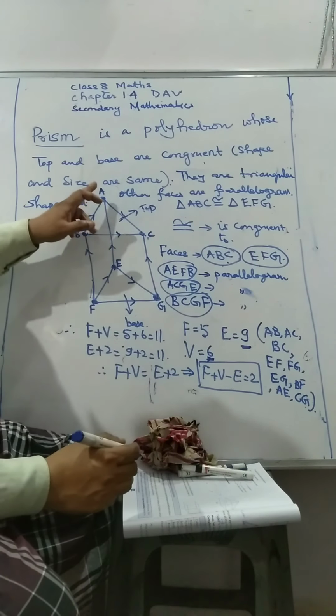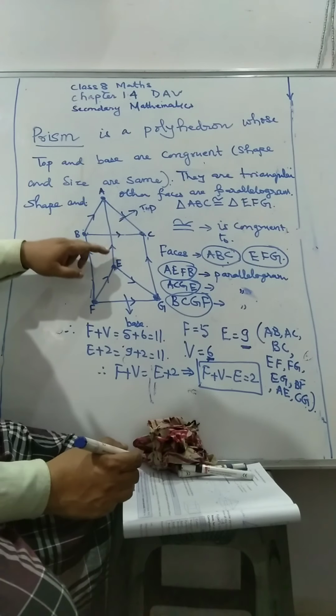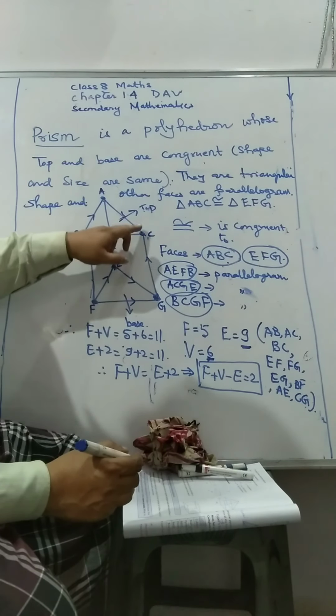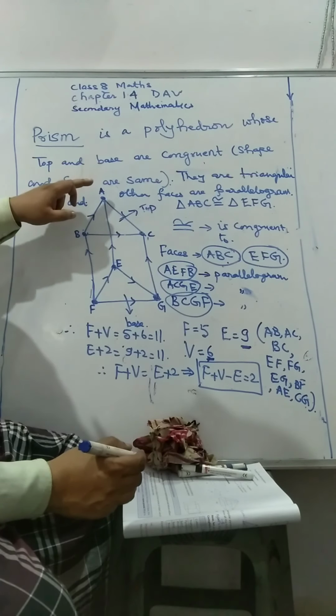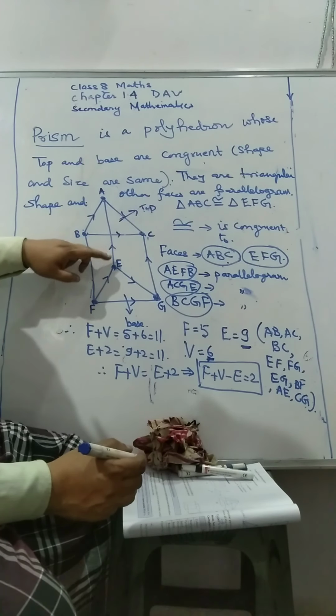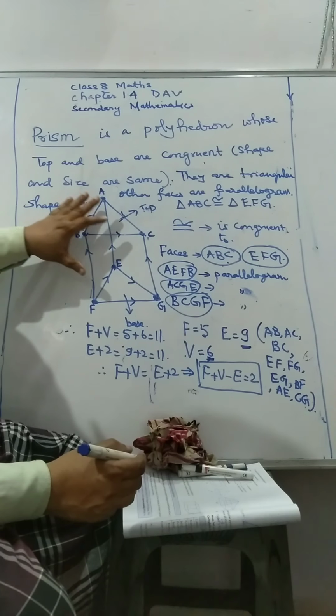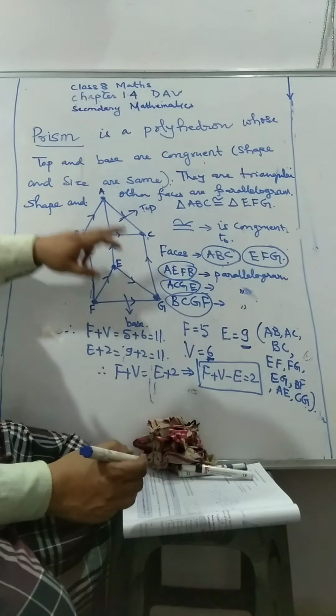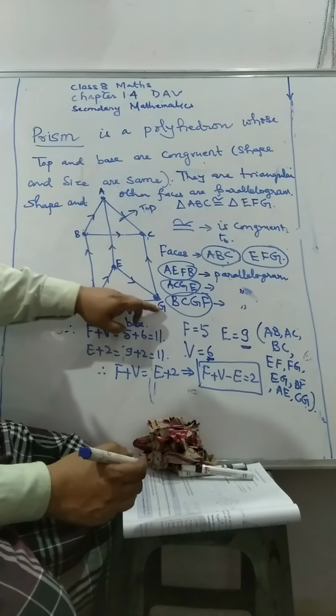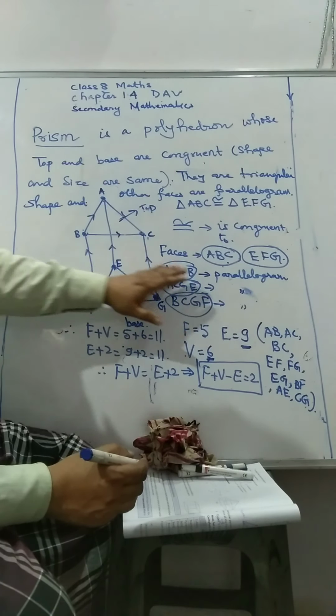So now you see here A, E, F, B. This is also a parallelogram. A, C, G, E, it is also a parallelogram.